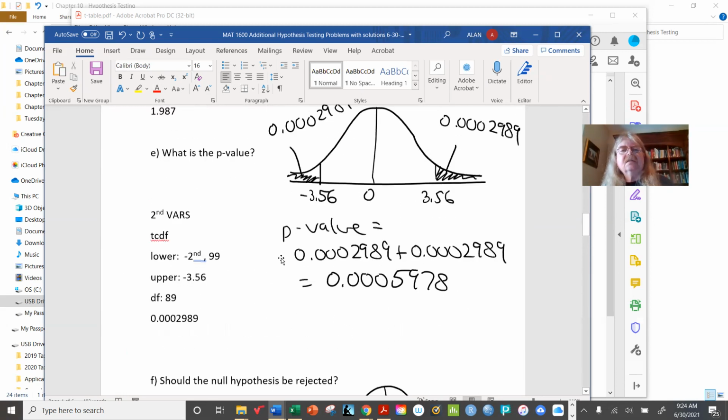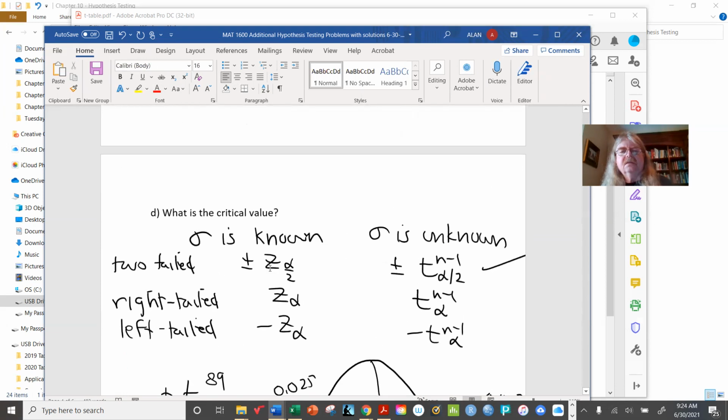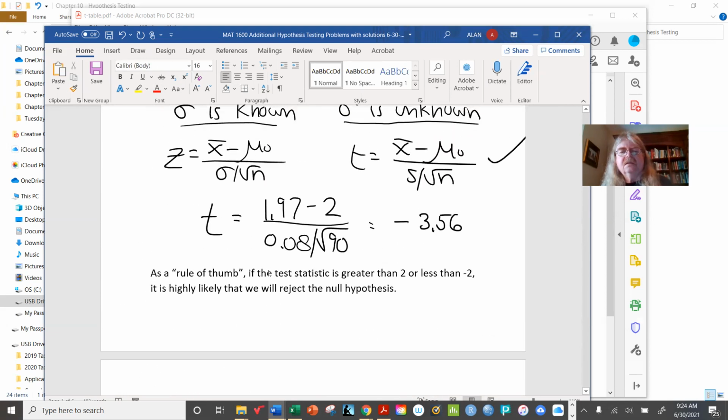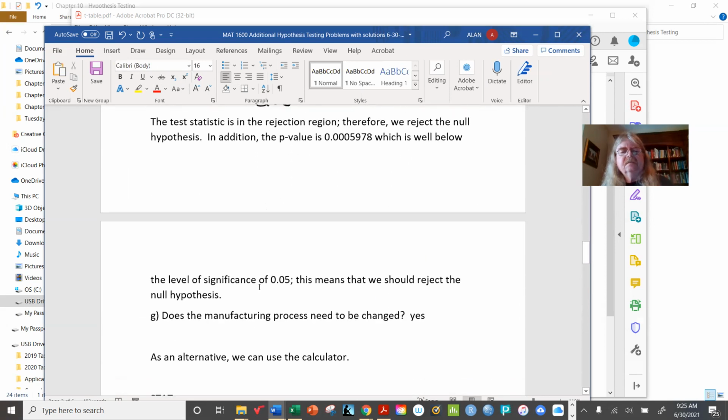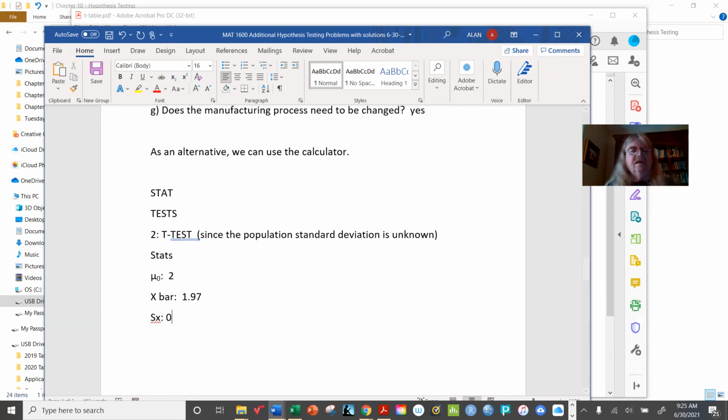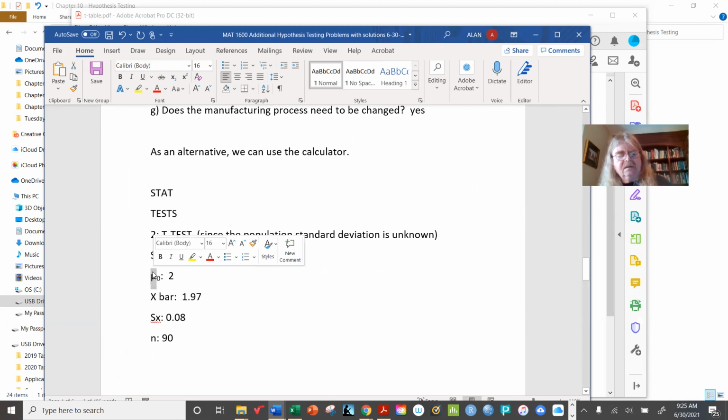And that was 0.08. And then the sample size was 90. Now, the last thing you have to do is be careful to pick the right alternative hypothesis. All right, that's a key detail. Make sure you pick unequals.